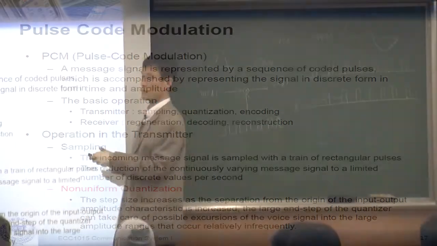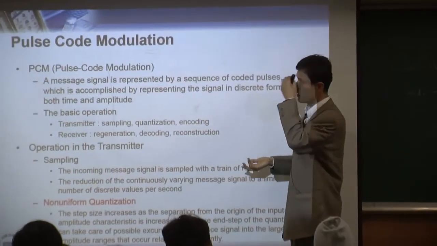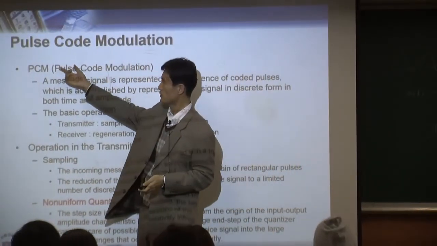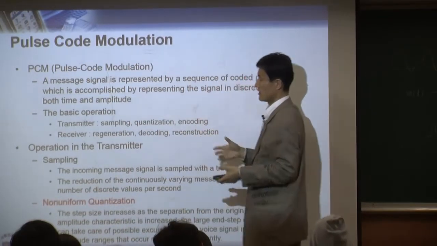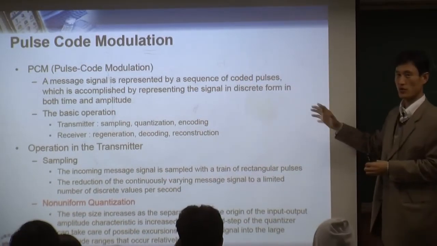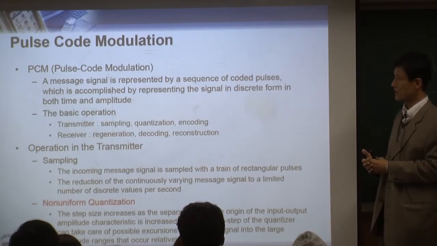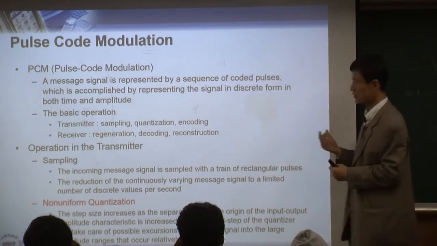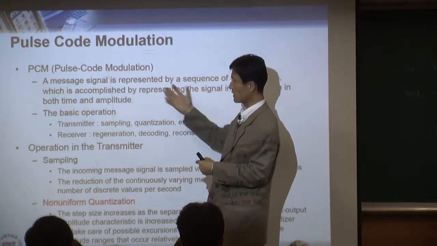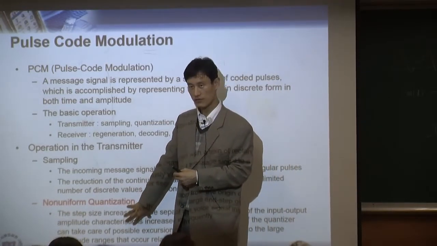Now we have another modulation called pulse code modulation. This pulse code modulation certainly is related to pulse modulation, but this is pulse code modulation. Simply speaking, pulse code modulation is typically used for audio signals. Inside the pulse code modulation, we are typically using non-uniform quantization.